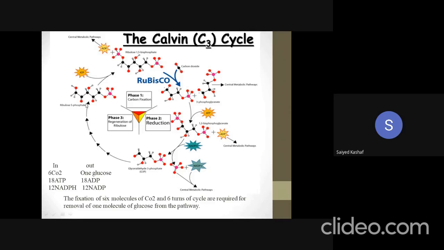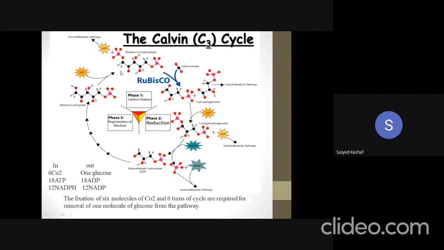So this ribulose 5-phosphate acts as a substrate, and the enzyme Rubisco has a dual nature, that is carboxylation and oxygenation. When the concentration of CO2 is increased in the plant, Rubisco has a greater affinity towards CO2 and proceeds with carboxylation.